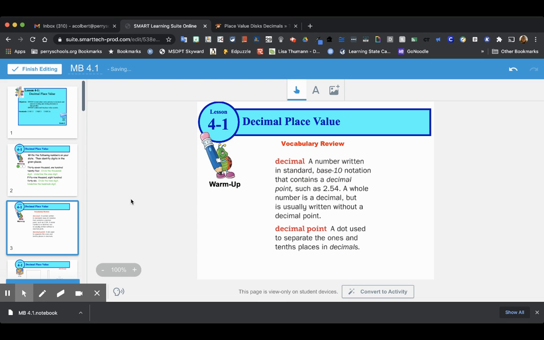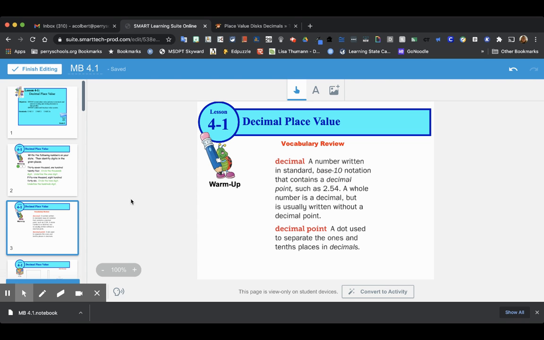A couple words that we want to review connecting to decimal. We've got the word decimal, and then we've got the word decimal point. So a decimal is a number written in standard base 10 notation that contains a decimal point, such as 2.54 or 2 and 54 hundredths. A whole number is a decimal, but is usually written without a decimal point.